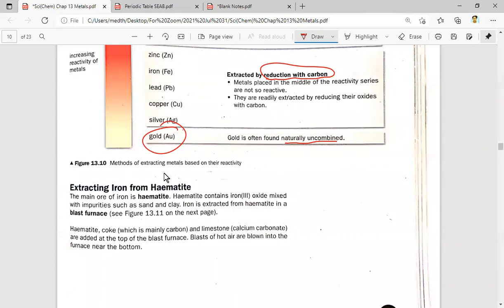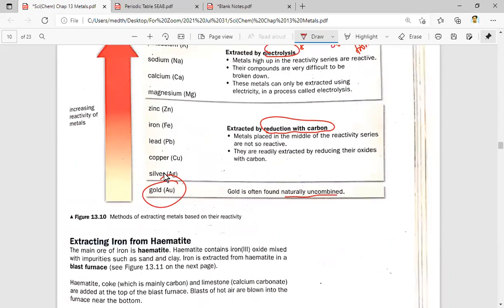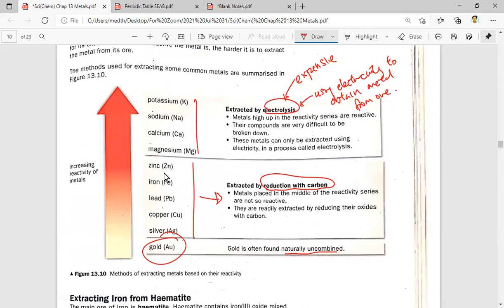They go to the quarry, go to the mine, and hit the rocks until they can get pure gold out. Gold can be found naturally, uncombined, as pure metal. Don't need to extract, easy peasy. But the rest, silver included, you must use extraction by carbon. Anything above carbon, you must use electrolysis.